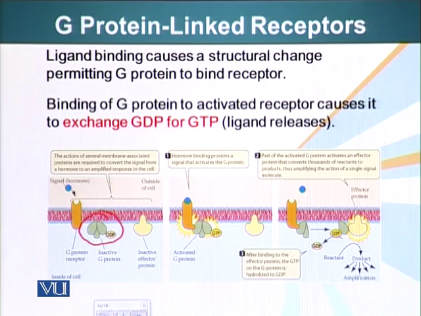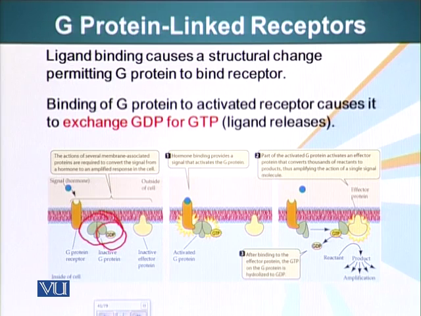G protein is called G protein because it is attached to a GTP or a GDP. In the inactive state, the G protein is bound to GDP. Once the receptor is activated, the G protein interacts with the receptor.